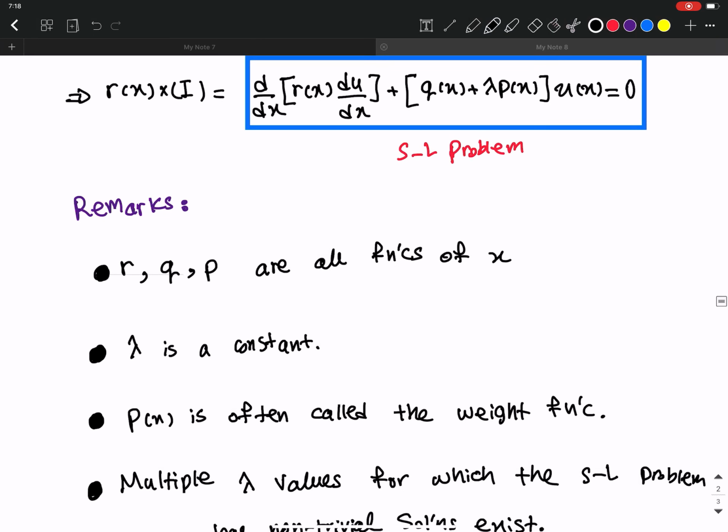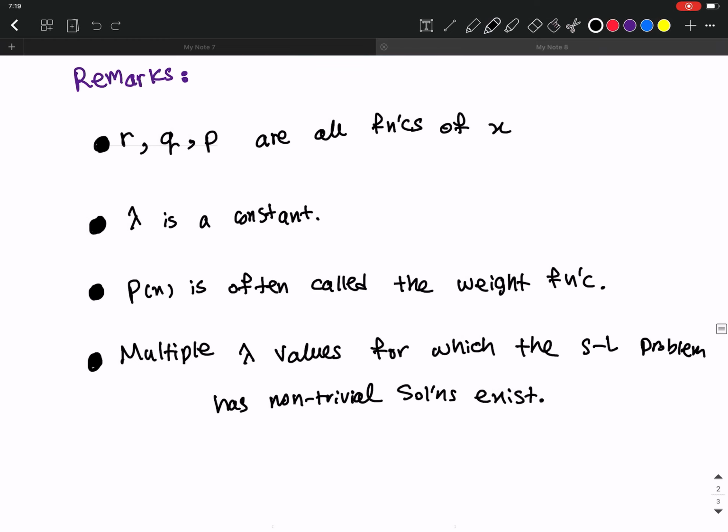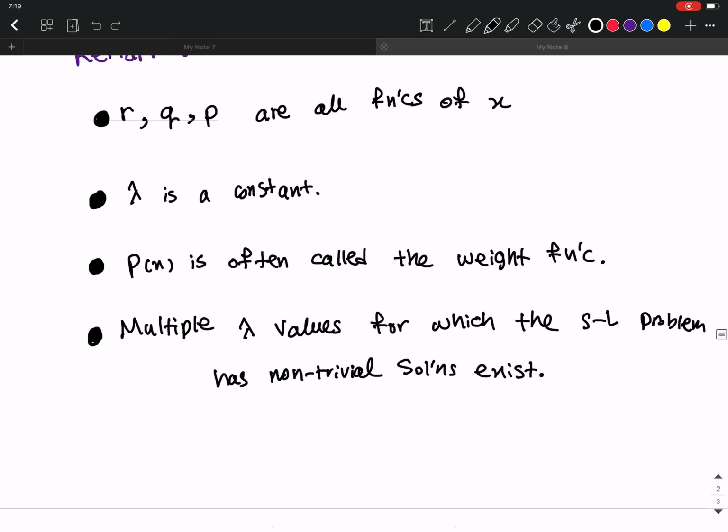So we have multiple lambda values for which there is a non-trivial solution for this Sturm-Liouville problem. By non-trivial, we mean solutions that are not trivial, like zero or constant. So we have lambda values for which we have non-trivial solutions.